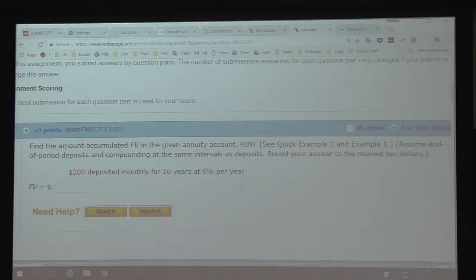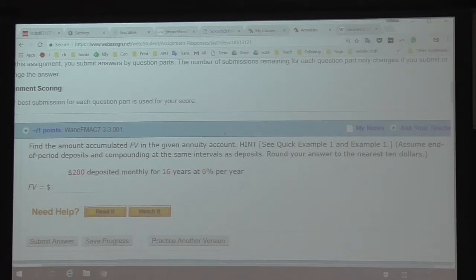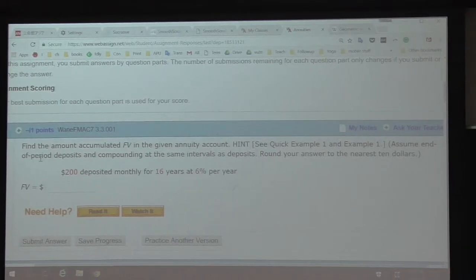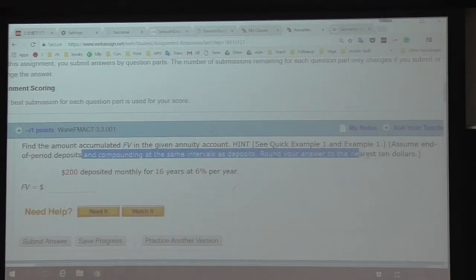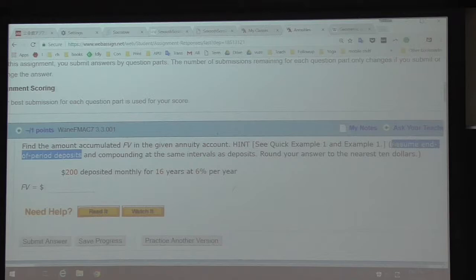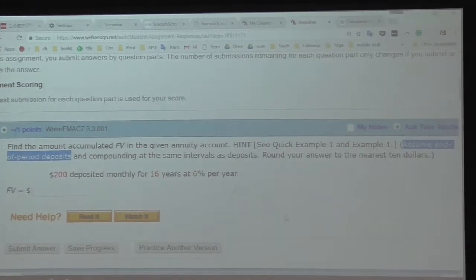Find the amount accumulated, the future value, in the given annuity account. Okay. Assume end of period deposits. What does that mean? Well, that's what we said, right? We're going to deposit the money at the end of each period.